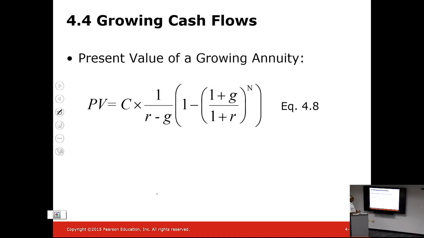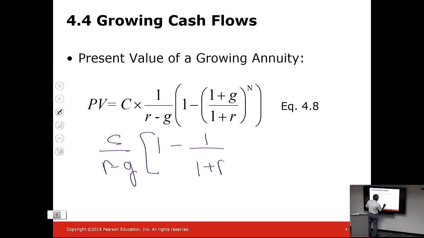For a growing annuity, if you remember, for a growing perpetuity, the formula is C divided by R minus G. And now, when we went from a perpetuity to an annuity, our adjustment factor was 1 minus 1 over 1 plus R to the power n.